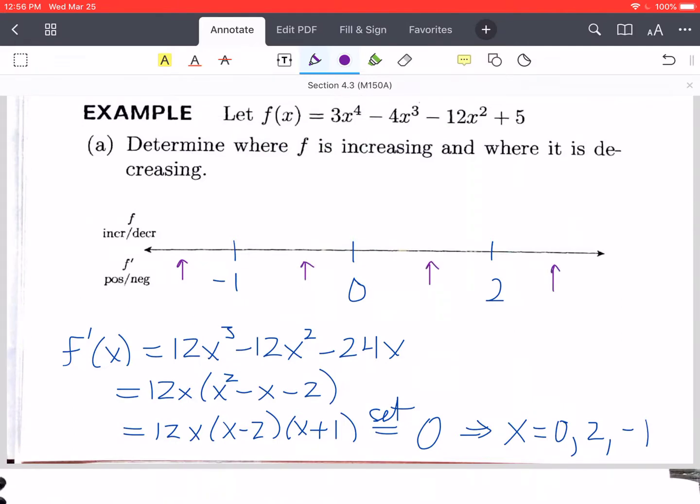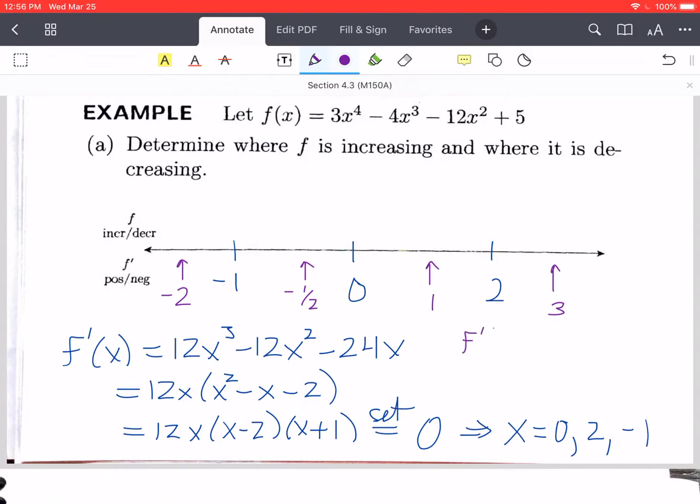You always want to try to make it as easy on yourself as possible. Don't pick really complicated points that make your work harder. So I'm going to pick negative 2, negative 1/2, 1, and 3. Just the easiest numbers that I can work with. And then we check each of these in our derivative to see whether they are positive or negative.